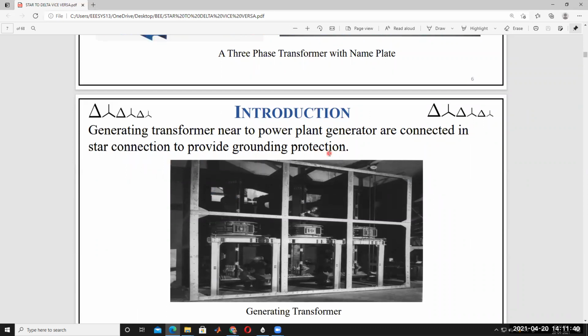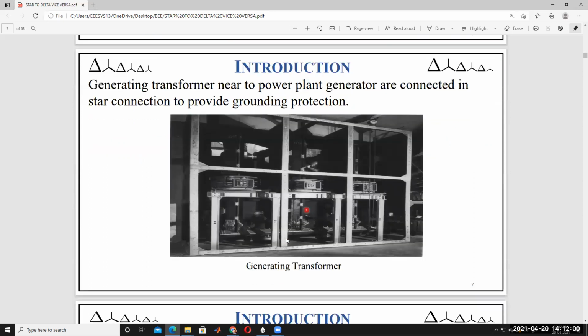In a star network, the ground is available, but in delta there is no ground. So star connection is generally used in generating transformers near the power plants for grounding protection.